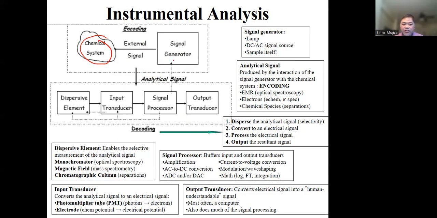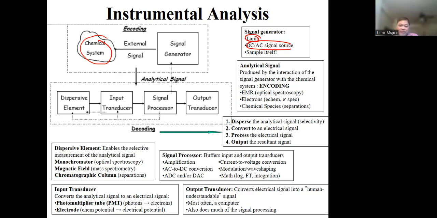As much as possible, you try to convert it into what we call an analytical signal. Either you can have a dispersive element, if it's some sort of a metal. The signal generator that you have here could be what? A lamp, an AC/DC signal source, or the sample itself.